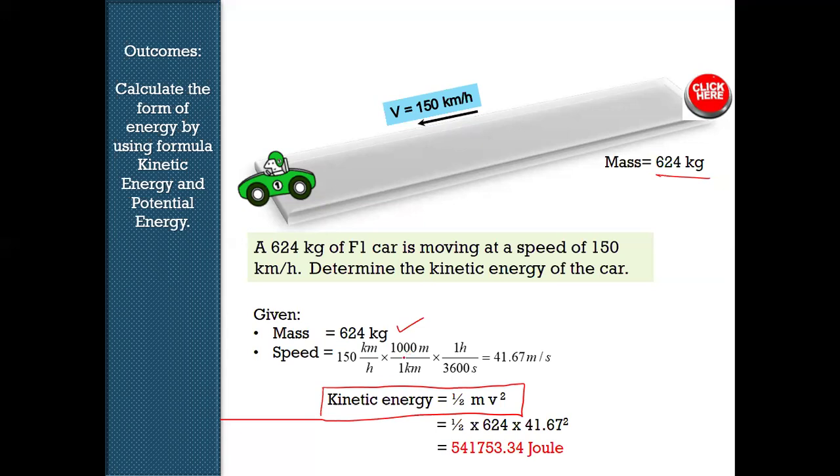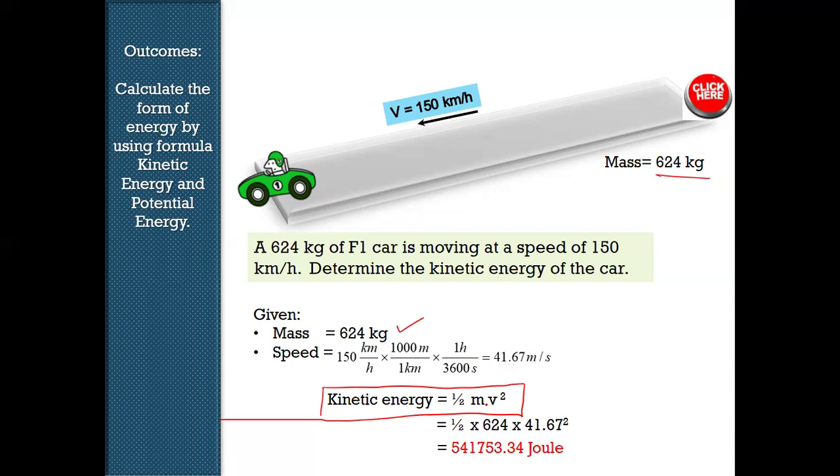So we're just going to say 1 kilometer multiplied by 1,000 meters divided by 1 kilometer so that the kilometer can cancel the kilometer. And therefore, 1 hour is equal to 3,600 seconds. We also do the conversion over there. And then we multiply all the numerical values, and we get that our speed will be 41.67 meters per second.